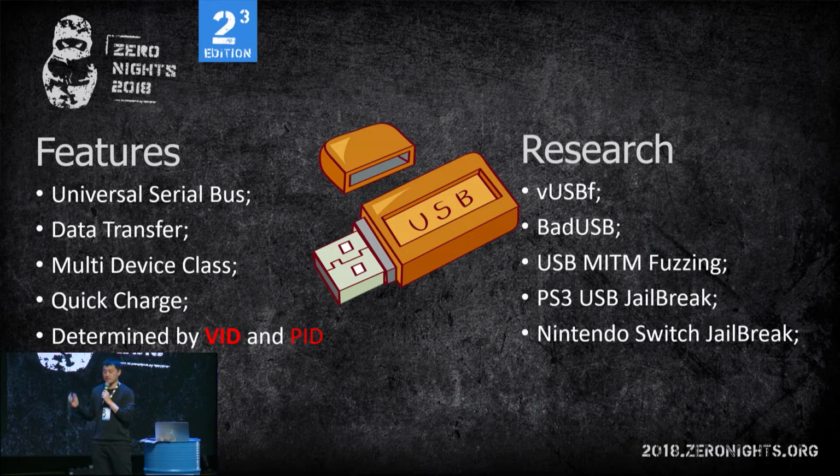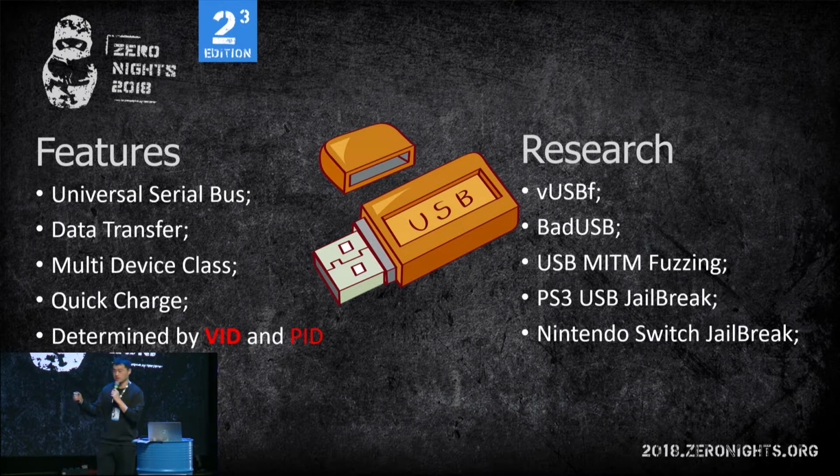Some people also did some research on USB protocol fuzzing, using a phase sensor to do man-in-the-middle USB protocol fuzzing and discover some vulnerabilities. But it's not large scale, because they have to use two phase sensors, and it's really time-consuming because the microcontroller on the phase sensor is not very fast.